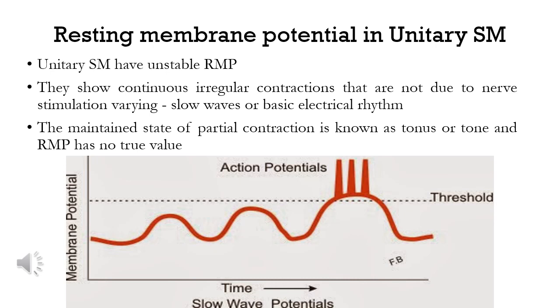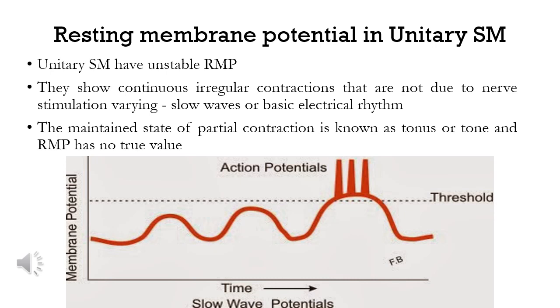Moving on, let's explain a little bit more about the unitary smooth muscle. Just to remind you, those are the ones that work as one unit. They have what is known as an unstable resting membrane potential. So it's not necessarily one potential that you see, but it fluctuates towards threshold and then comes back, and so on and so forth.